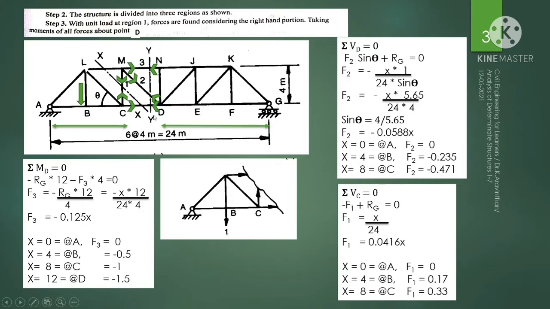We know that if you are looking at upward side, that is at right hand side, the f1 is downward, hence it is written as f1, and it is purely vertical, we can take it as f1 exactly, that is minus f1, and you have Rg here, which is upward. So to find f1, you have to take the Rg outside, so x by 24, you will be getting this function. You can substitute the coordinates and you will be getting the f1 values.